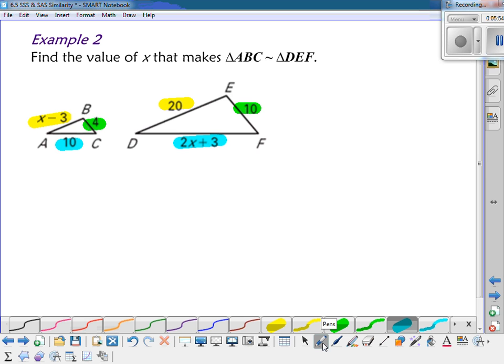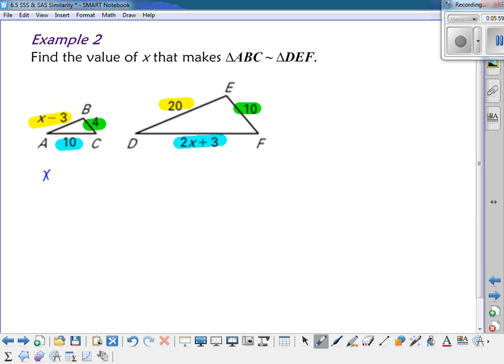So all three of those ratios should be equal. X minus 3 over 20 is going to equal 4 over 10, and it's also going to equal 10 over 2x plus 3.